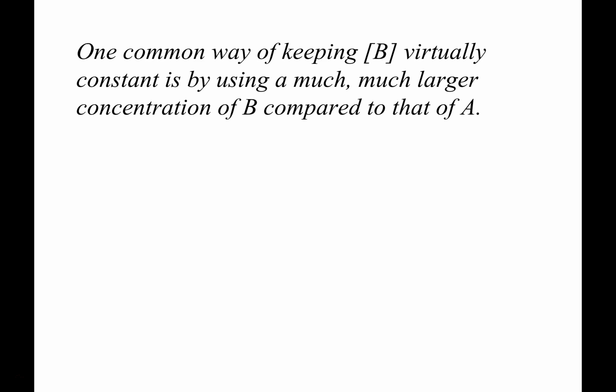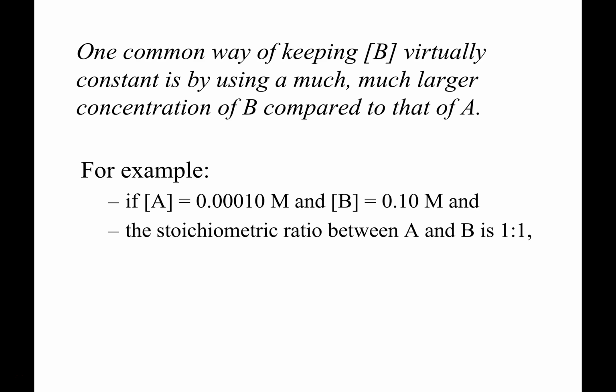It's kind of weird. We can keep B constant if we douse the experiment with a bunch of B. So even though B is being consumed, it still has a bunch left. So let's say we have two reactants, A and B. As A reacts, it'll go down, and as B reacts, it'll go down.